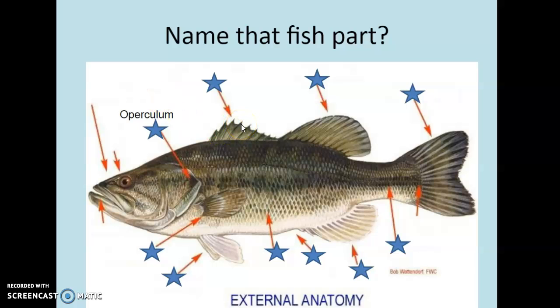Then most of what we're looking for are the different fins and how they're placed and how they're structured. The one on the back side of a fish, just like in Jaws, the shark fin that sticks out of the water, that's called the dorsal fin. In some fish, the dorsal fin has two parts. This part here is bony and this is soft.